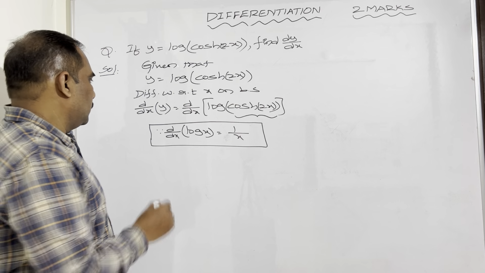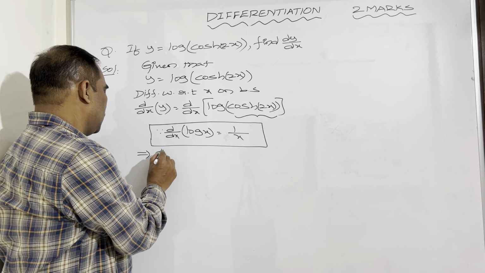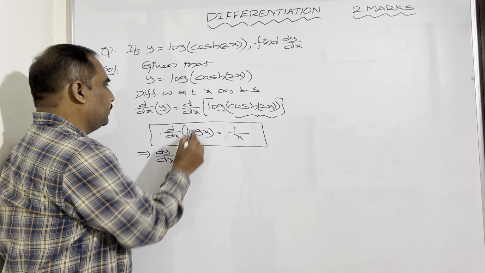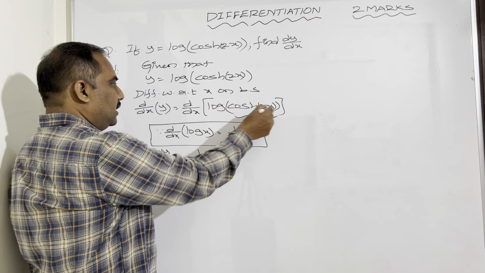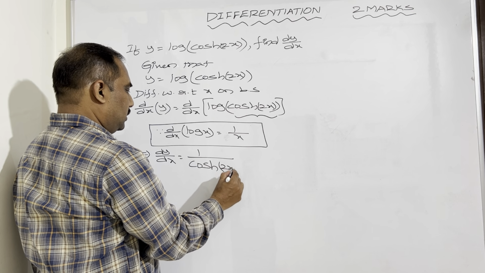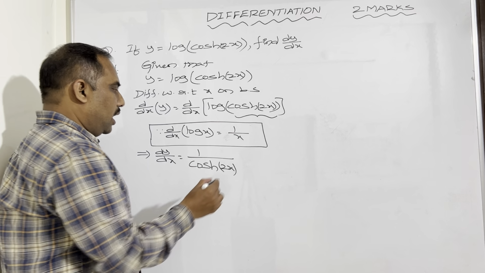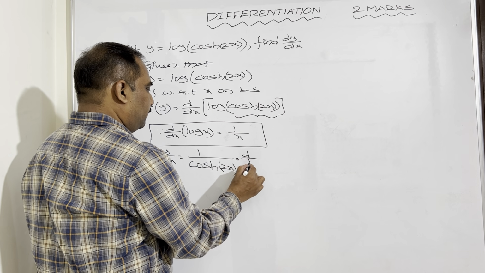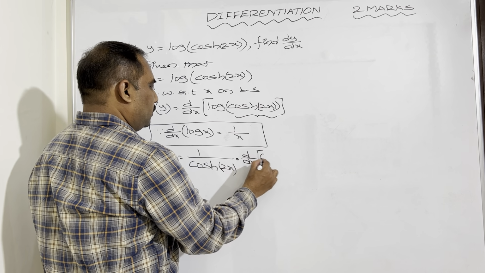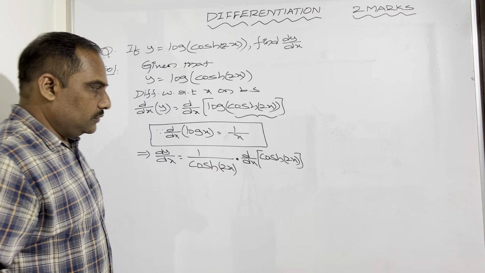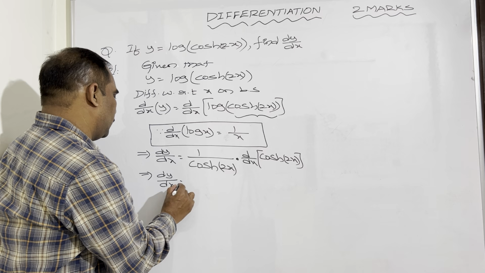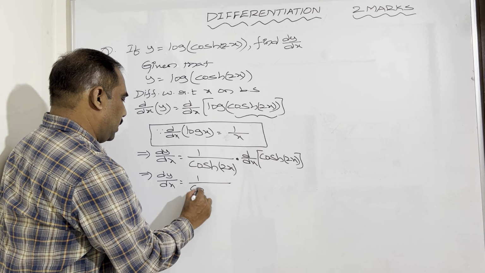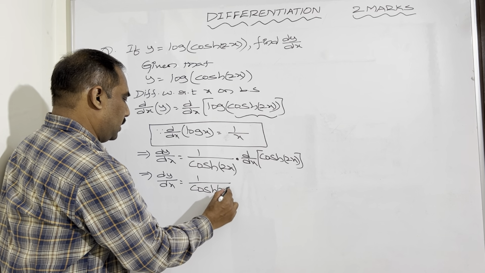We know that. So that's why here dy by dx is equal to, log x derivative is 1 by x. Here x is nothing but cos h 2x. So that's why 1 by cos h 2x. Again we have to do the derivative of cos h 2x. So observe here carefully, dy by dx is equal to 1 by cos h 2x.